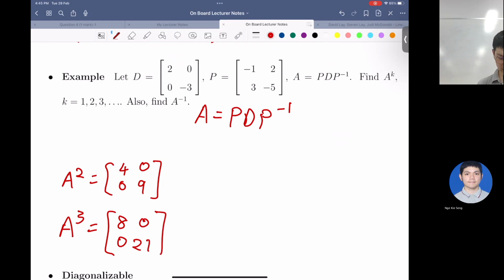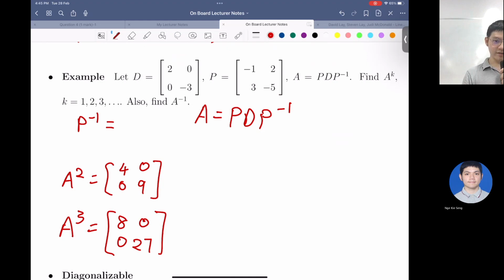Great. Can you tell us how you got it? So you get P inverse first, and then you multiply these three together, and then you multiply. So you went the hard way. The hard way is you get the P inverse first.